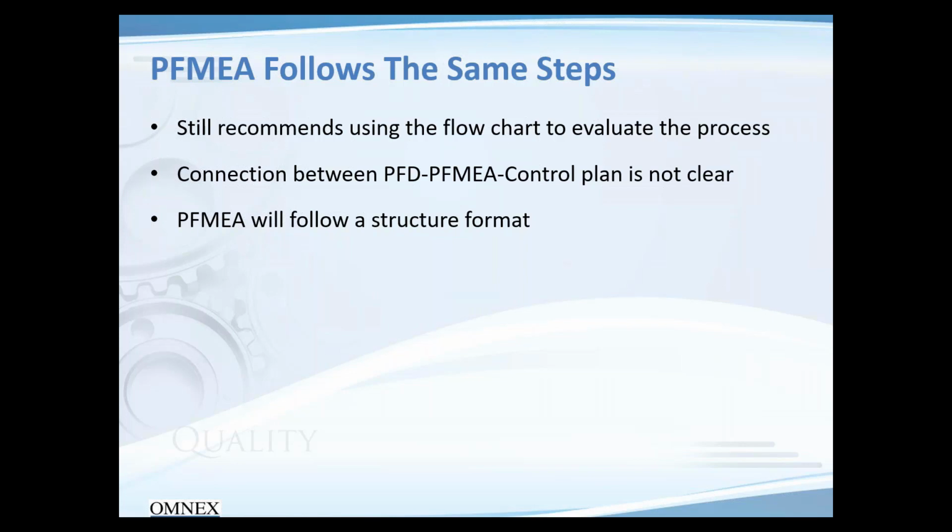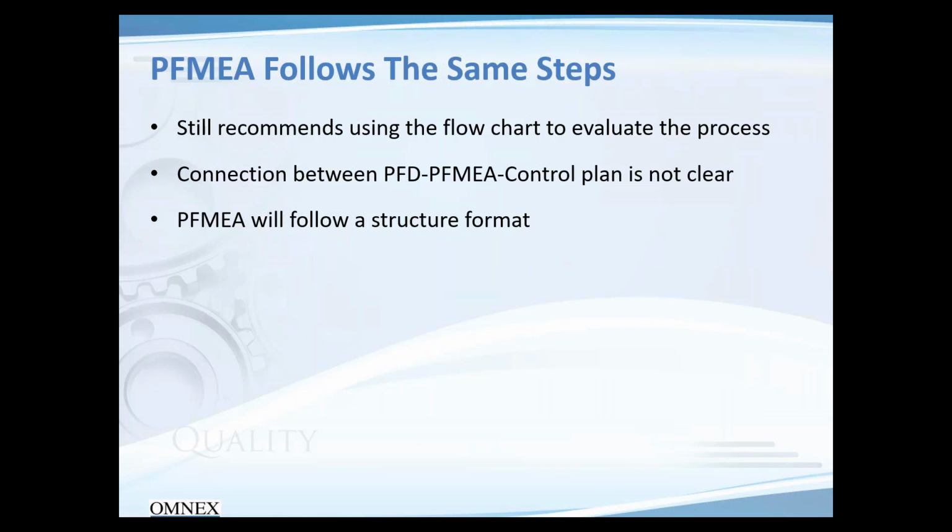Yeah. So now getting to the PFMEA, it's going to follow the same process. It's going to have a function net, failure net. It's going to have a structure diagram, all the same features. We still recommend that a flowchart is done because you're trying to draw a relationship between the different operations in your system. As you can see, when we go forward a little bit, you're going to lose that a little bit in the structure diagram.